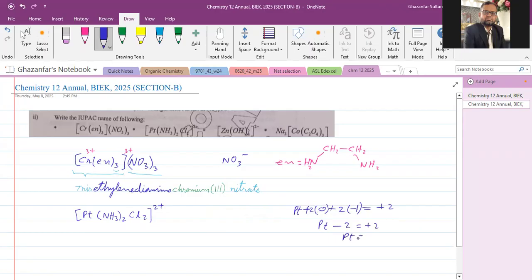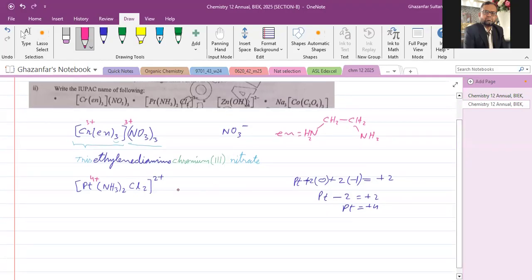So Pt is equal to +4. So the charge on platinum is +4. Now again, the coordination sphere is positive and there is no spectator ion. It itself is written in the form of ion. So what should be the name?